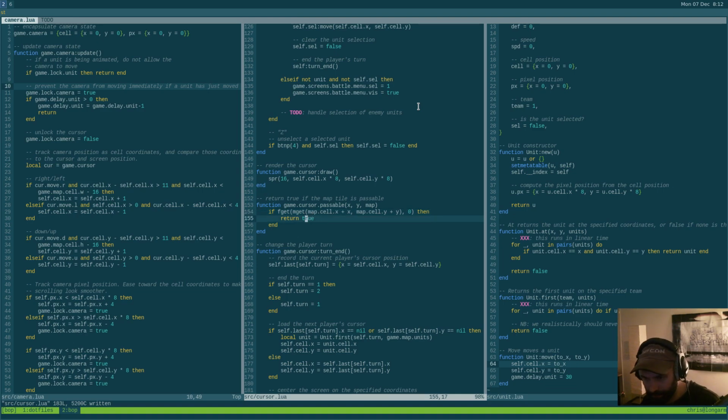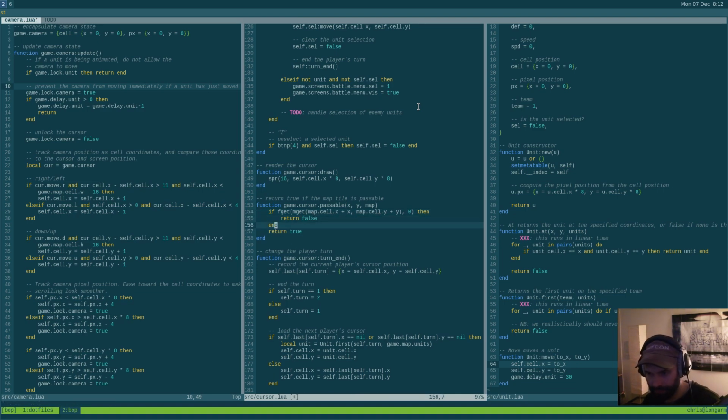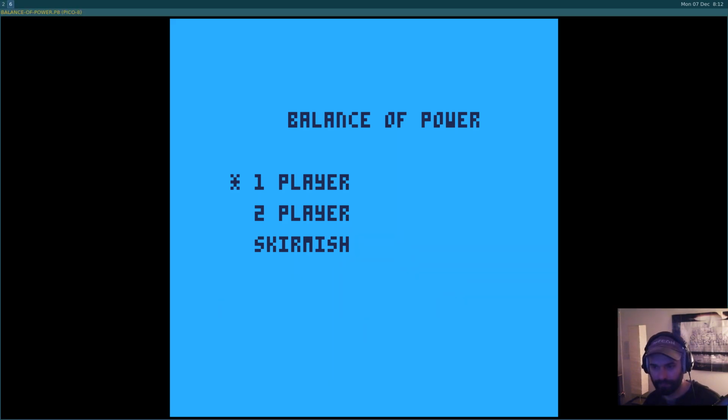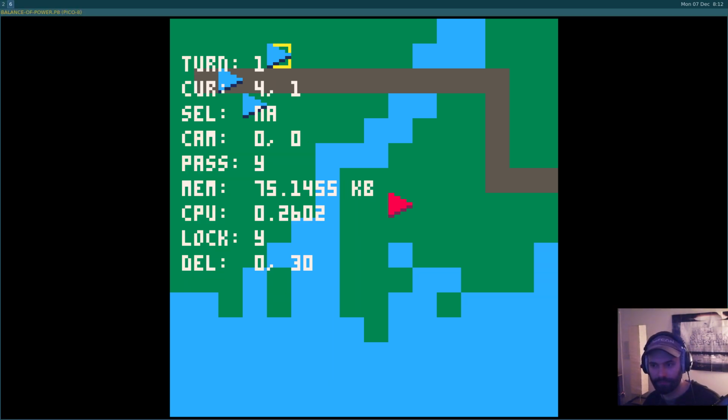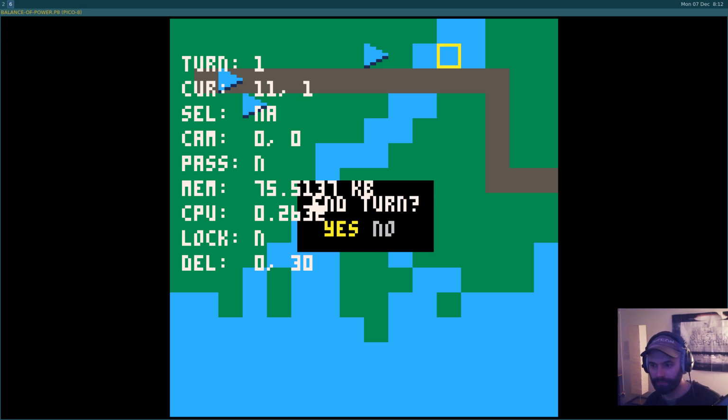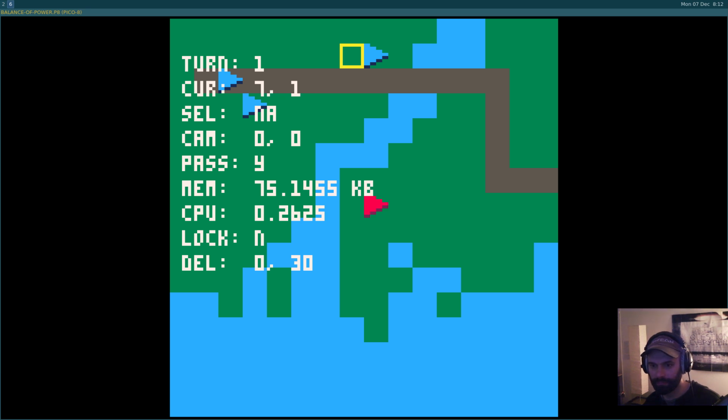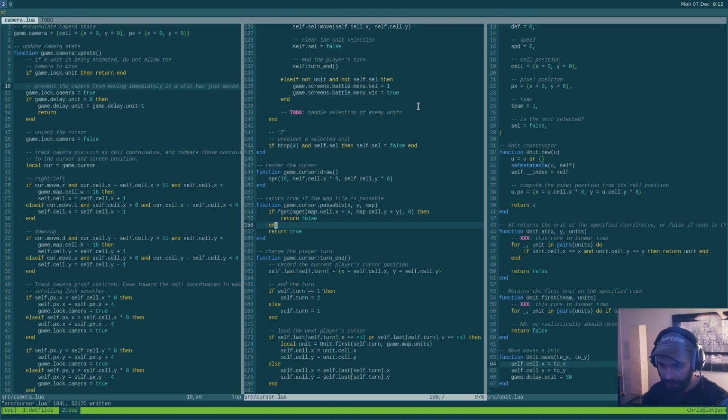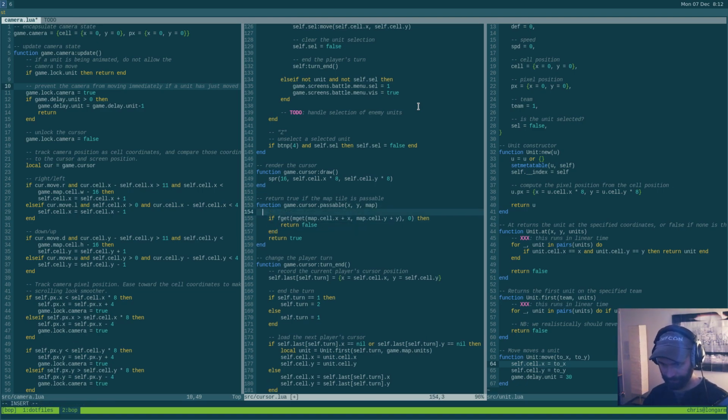What? Okay, good. So now we first check to see if our tile is passable.